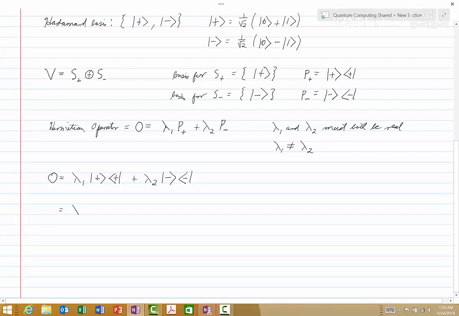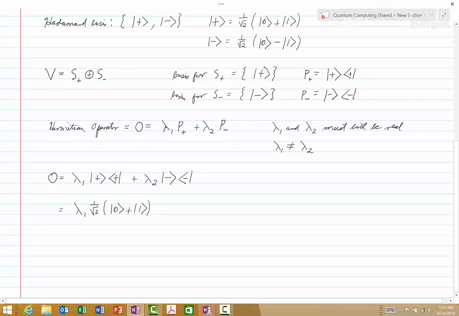Well, lambda 1 we bring down, and then each one of those, the plus ket and the plus bra, will both have a factor of 1 over the square root of 2 out in front. I'll just take this one step at a time. So we'll have lambda 1, and then for the plus ket, we'll have 1 over square root of 2 times 0 plus 1.